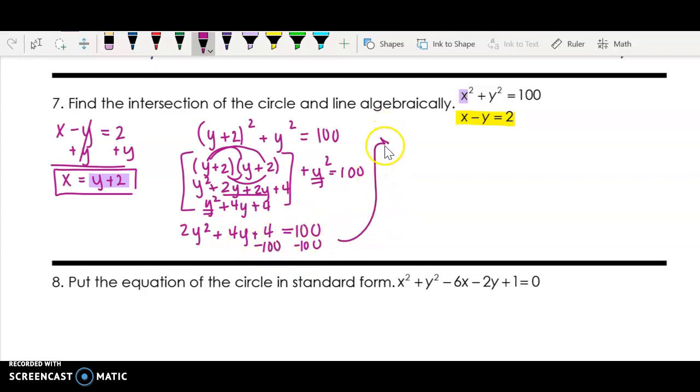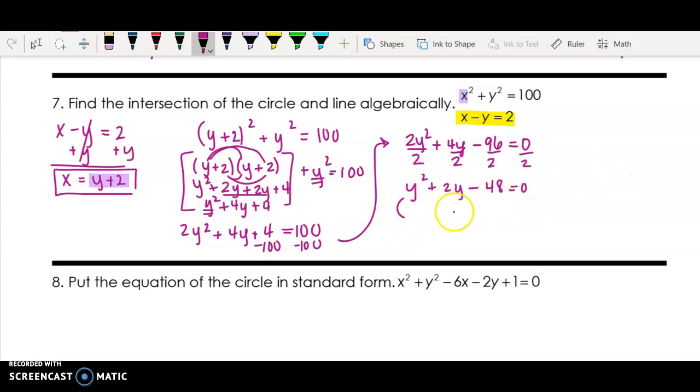And that is going to give me 2y squared plus 4y minus 96 equals 0. Now the next thing I want to do is start factoring, and I can see that these all have a common factor of 2. So before I even factor, I'm just going to divide everything by 2. That'll make it a lot simpler to factor, and that gives me y squared plus 2y minus 48 equals 0.